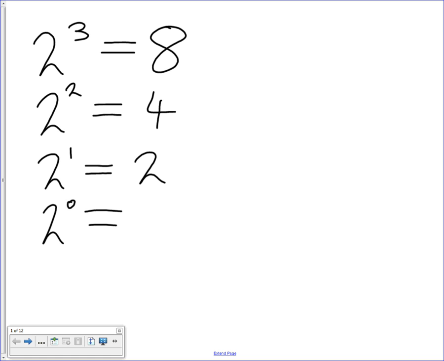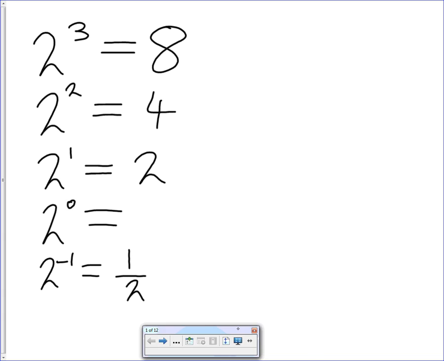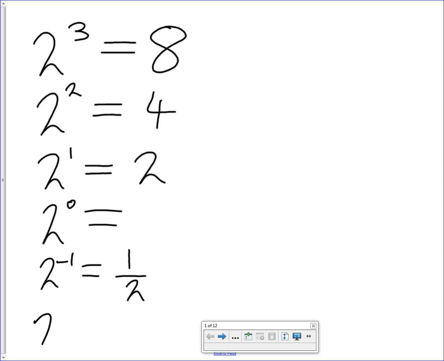And if we use our negative powers knowledge, we've got 2 to the minus 1 equals 1 over 2, and 2 to the minus 2 equals 1 over 2 squared.